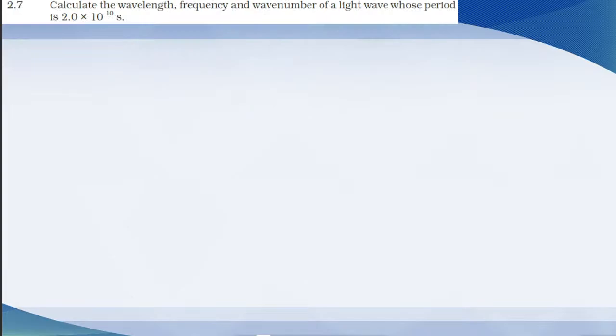Next, calculate the wavelength, frequency, and wave number of a light wave whose period is given to us. Period is 2.0 into 10 raised to power minus 10 second. What is period?